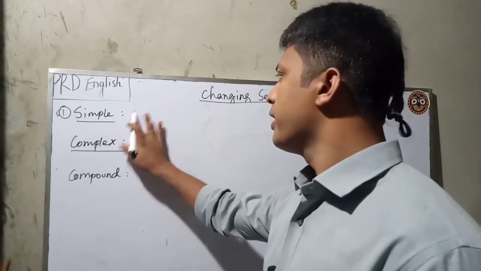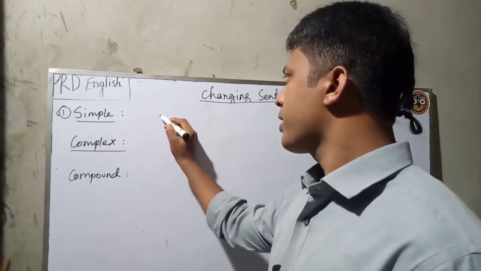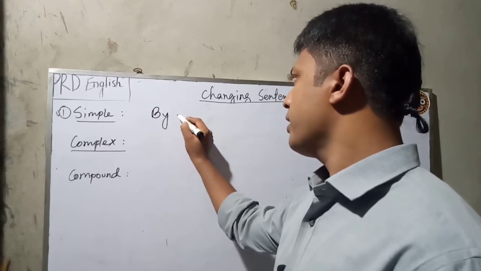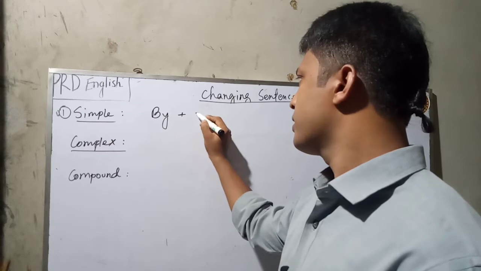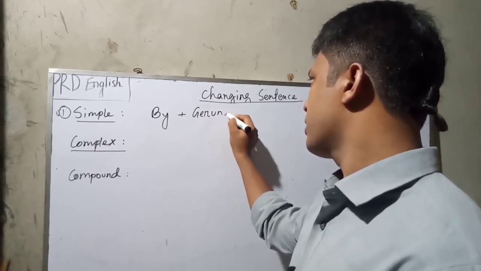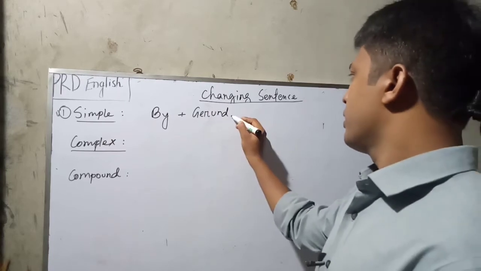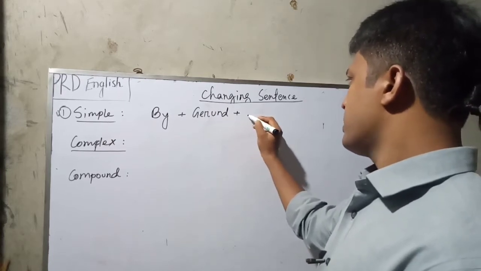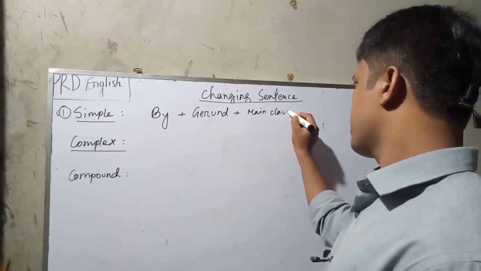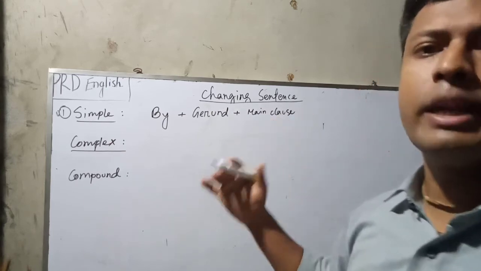Suppose the simple sentence has by plus gerund plus main clause or independent clause.